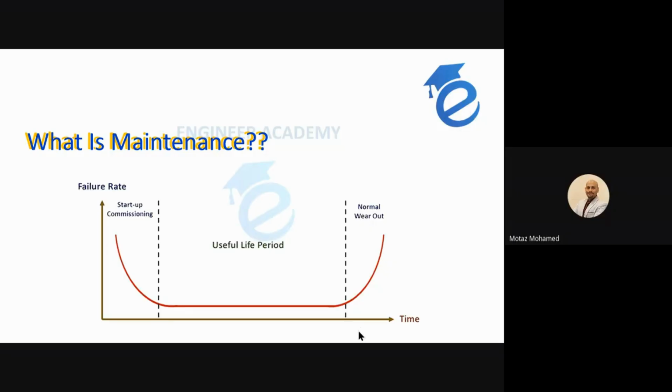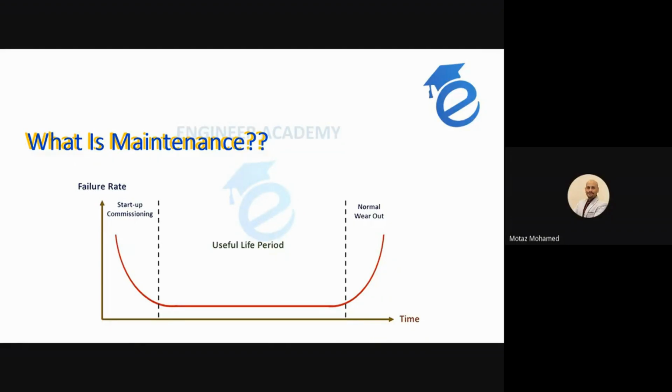That's fine. Okay. When we talk about this curve, I believe that most of us know what this curve means. Actually, this is what we call the bathtub curve. What is this bathtub curve representing, or what does this curve tell us exactly?